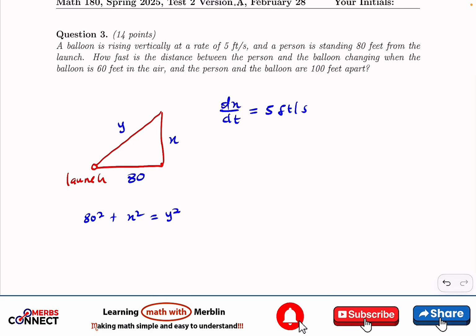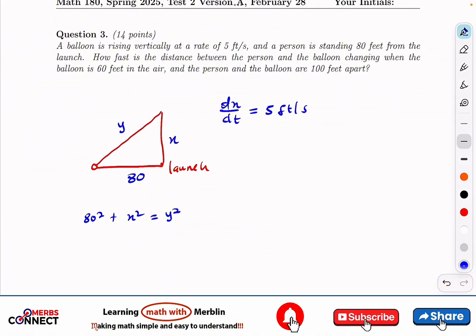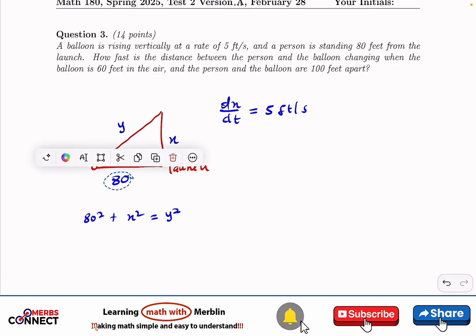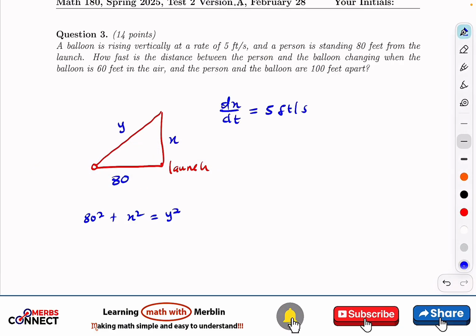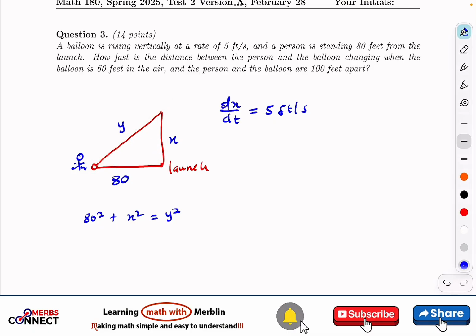Okay, so I think the launch should be here. And then this guy should be standing here. As soon as the balloon is moving up, his eyes will also be moving up. So that's the reason why we have this one here. Good. So I think this is right.